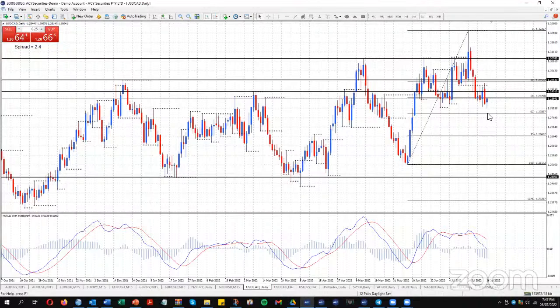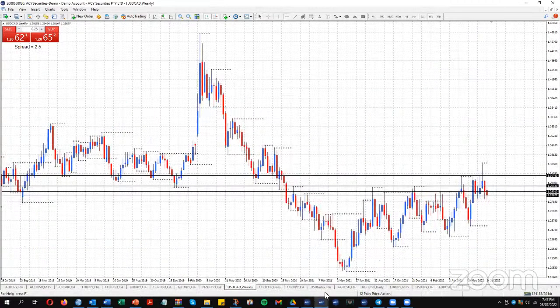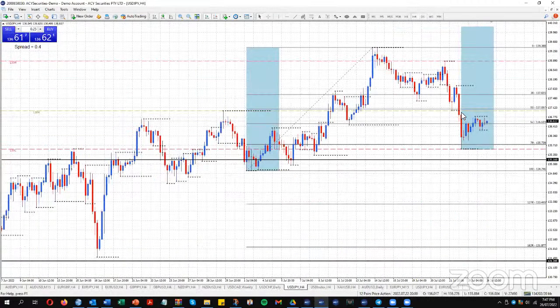Now, that might mean I miss, but I much prefer, for example, the dollar yen, because it's pulled back to the 60. It's already pulled back through the 62 and also through the 79. So now I know potentially that's done its retracement.